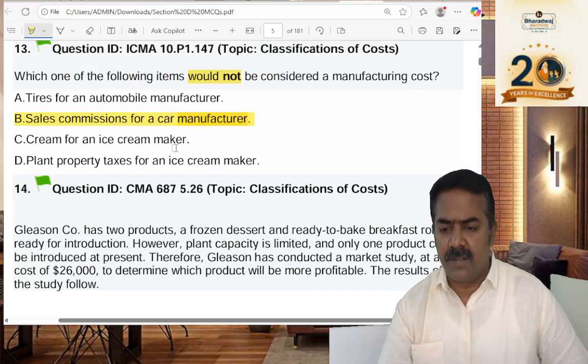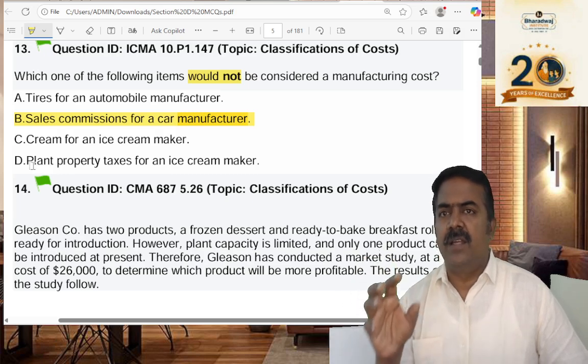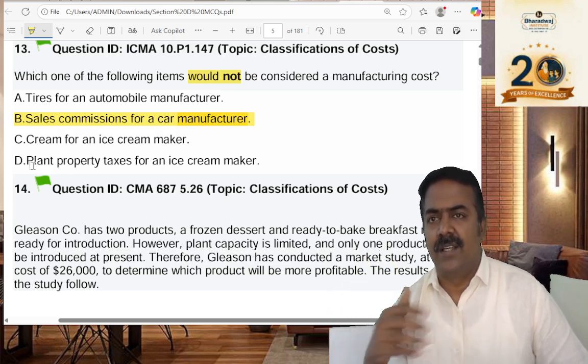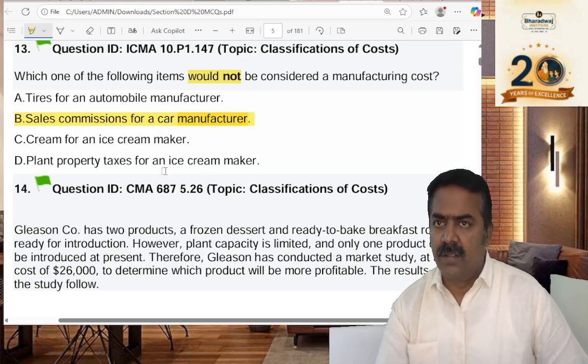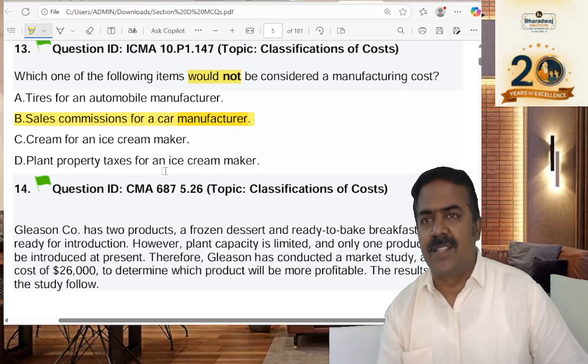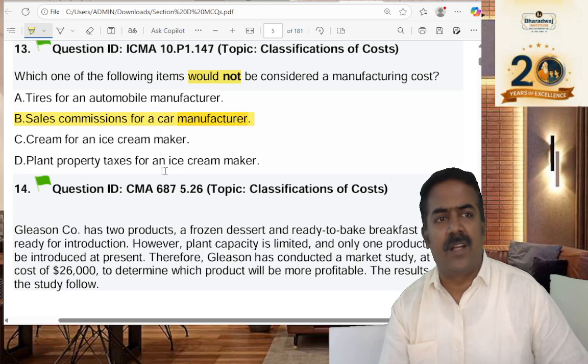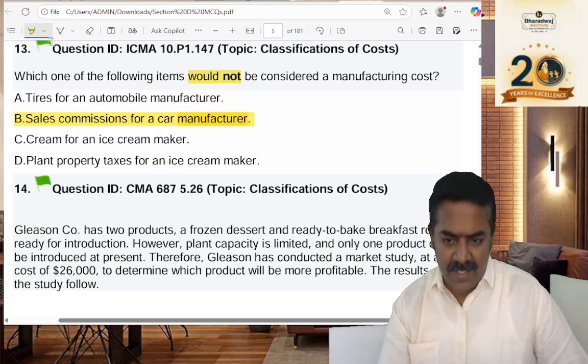Manufacturing works. For example, you are paying tax, licensing fees, etc. of the factory building. That will be part of your manufacturing works. You are having a factory, for that you are paying certain taxes. That is part of your factory overheads. But sales commission will never be part of manufacturing works.